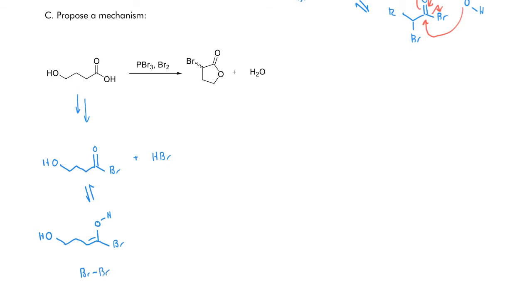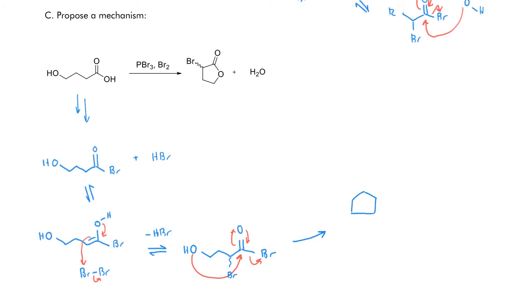So I've drawn the intermediates I would expect thus far. I convert the carboxylic acid into an acyl bromide, and then that enolizes. And then we see the nucleophilic attack onto the bromine, like we would expect. This creates the alpha bromo carbonyl. And now, instead of having water convert into a carboxylic acid, we get an intramolecular attack of that hydroxy group in an acyl substitution reaction.